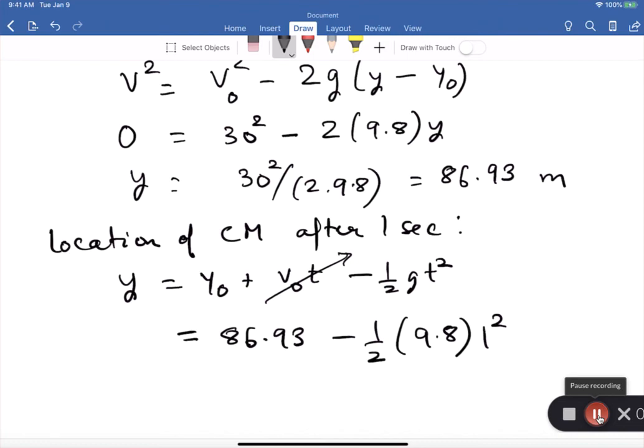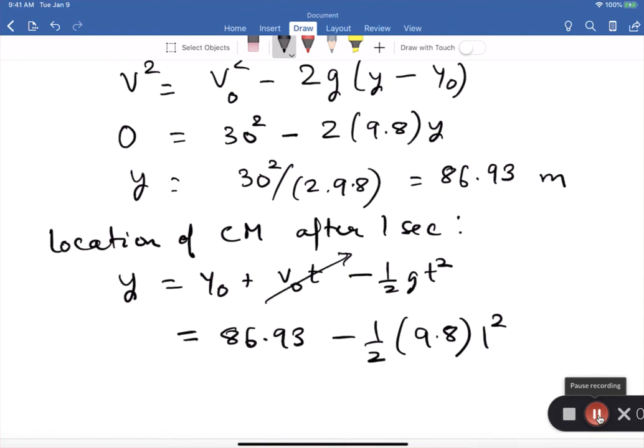And if you plug that into a calculator, oh, I'm so sorry. I think I had the first one wrong. That was 30 squared divided by 2 times 9.8. Let me just work that out again. It's 91.83.